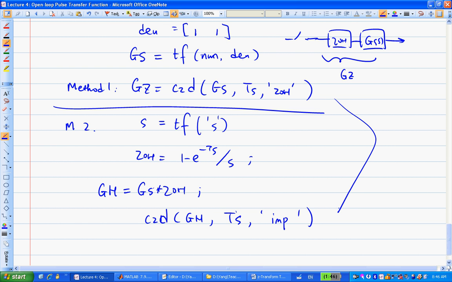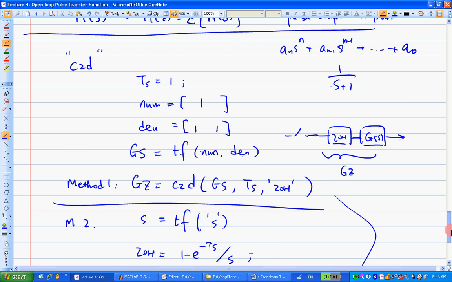So try it out and see if that works. If it doesn't work, then debug it. Sorry, who said it? The zero order hold, it's defined already in MATLAB, isn't it?